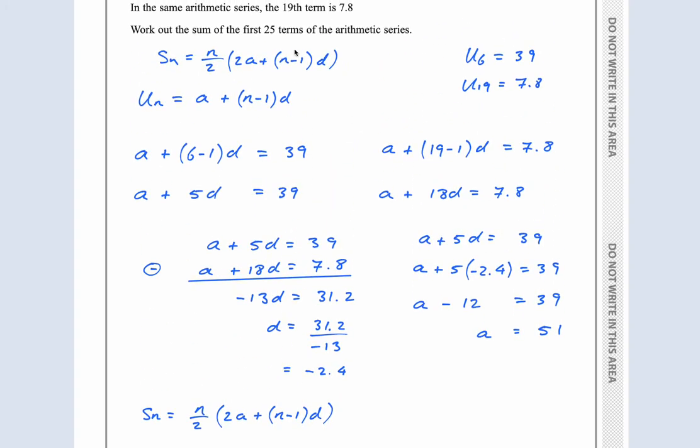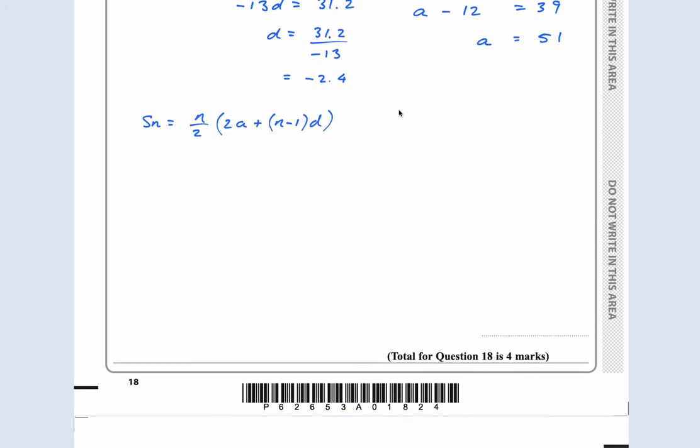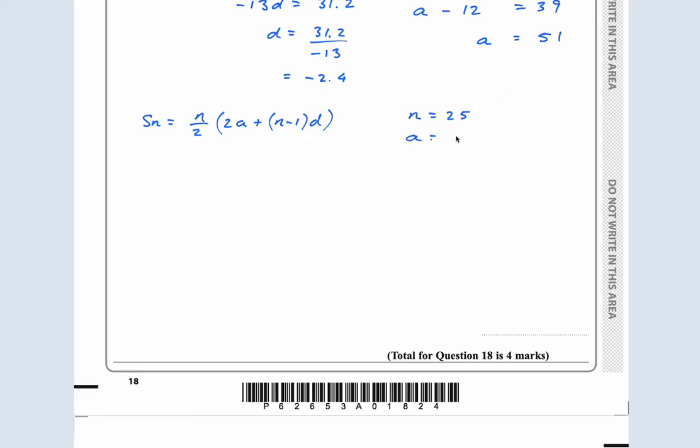I am trying to find the sum of the first 25 terms. So n is equal to 25, a is equal to 51, and d is equal to negative 2.4. I just sub these in: 25 over 2, 2 times 51, plus 25 minus 1 times d, close bracket.